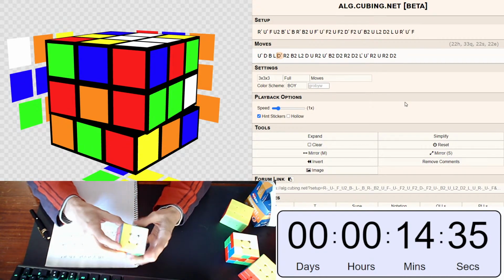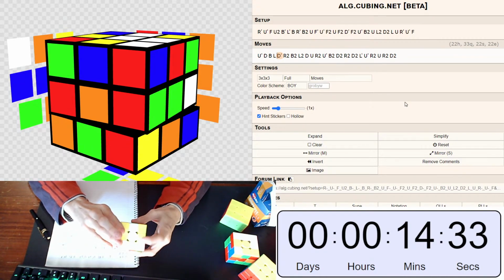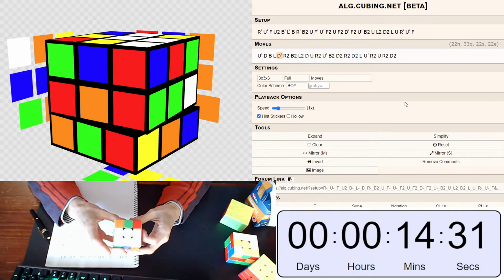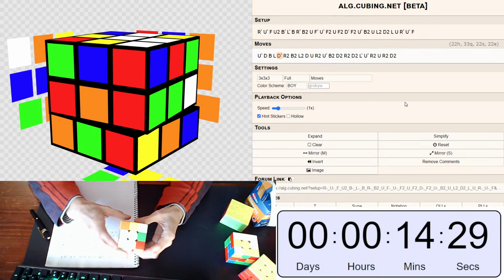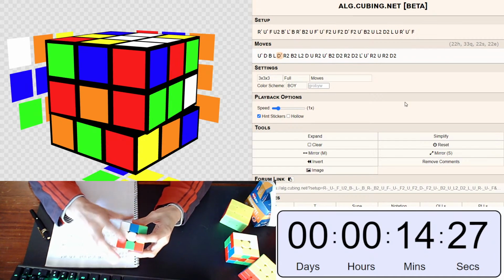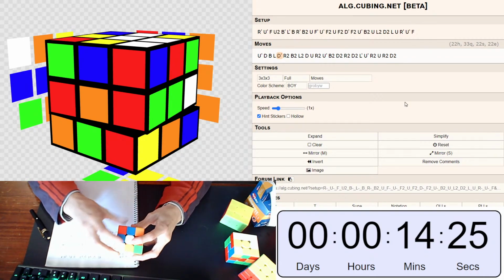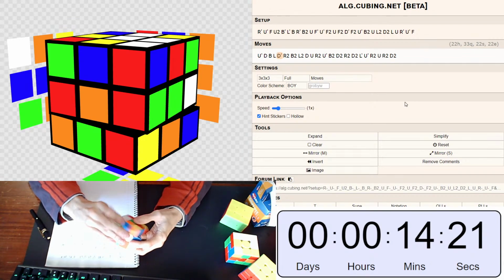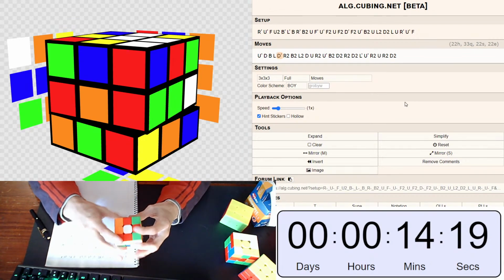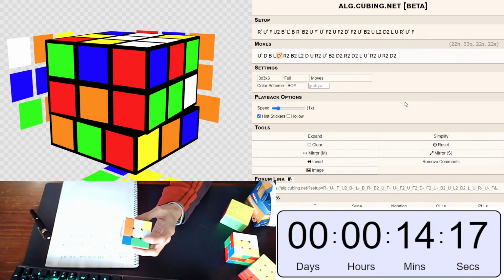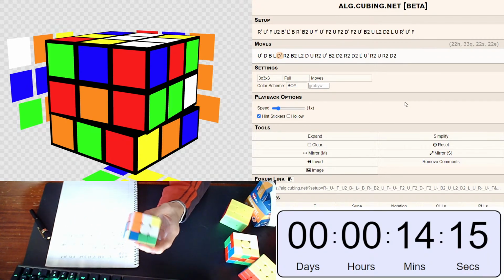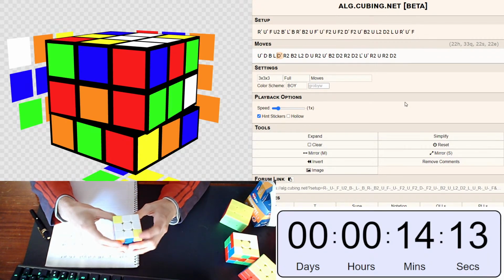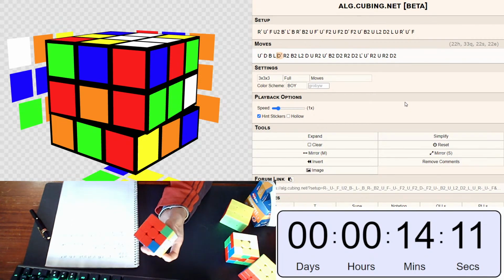D prime R2 B2 L2 D U R2 U prime B2 D2 R2 D2 L prime U prime R2 U R2 D2 L prime U, L prime B2 U L prime U2 U prime F2 U D prime F2 U prime B2 U L2 D2 L U L prime U prime F, U prime D B L D prime. Nope, not D prime.